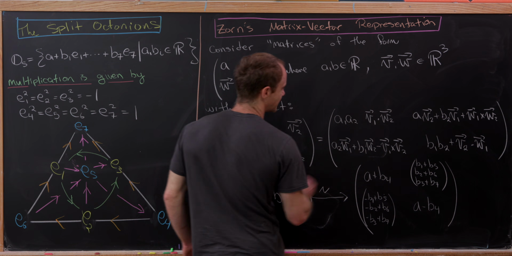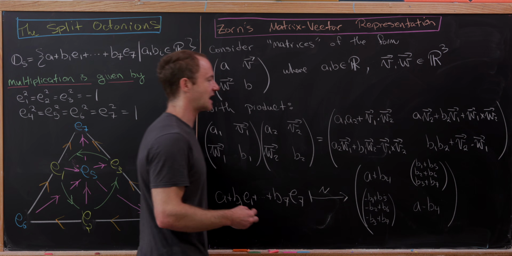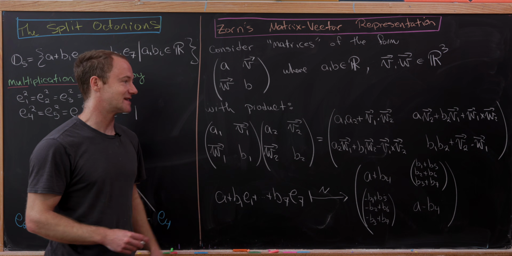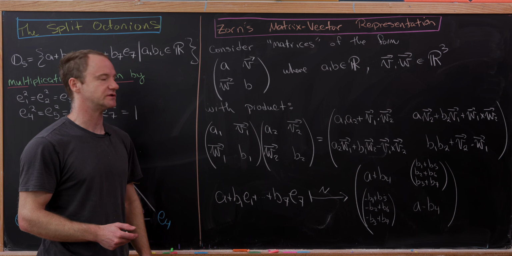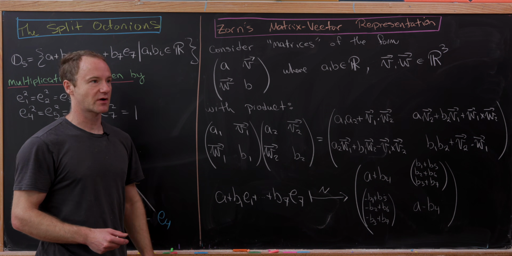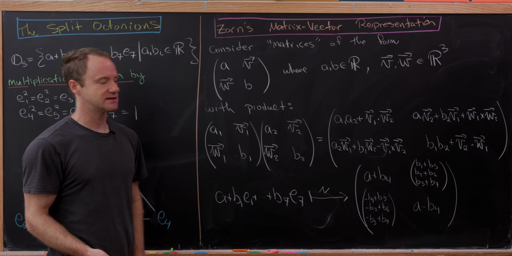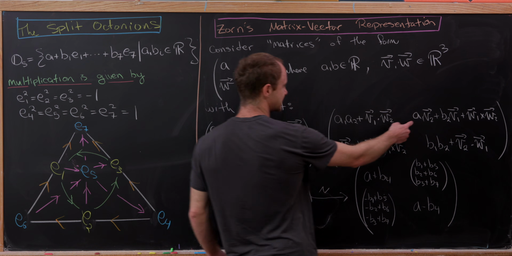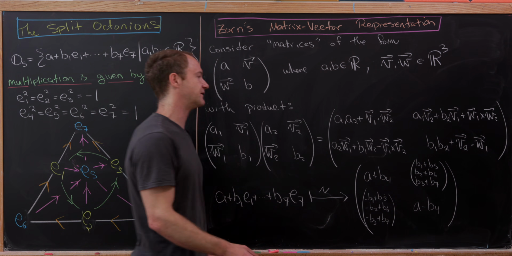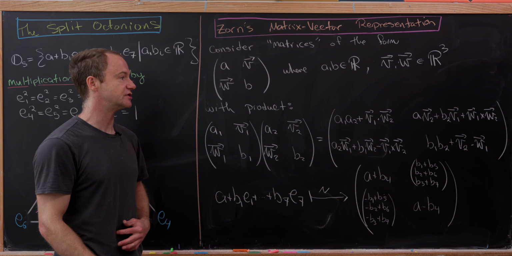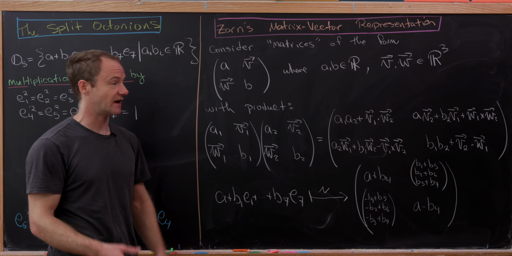So notice we've got here A1 times A2 plus the dot product of V1 and W2. Recall that the dot product of vectors produces a scalar, so that makes sense. And then in this entry, we've got the scalar product of A1 and V2 plus B2 and V1, so that gives us a vector.